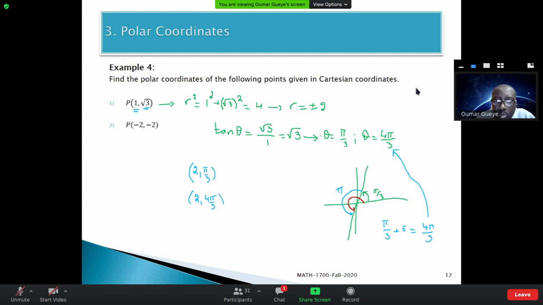I just want to check all combinations here. And I can also take -2 and pi over 3. And -2 and 4 pi over 3.